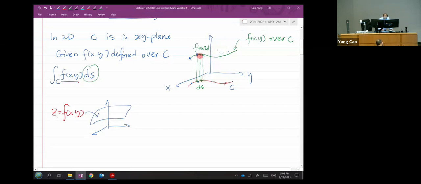At this location you got f of xk, yk, multiplied by, instead of ds, let's call it delta s. So you construct a rectangle, and you multiply the value of this with the little bit of arc length delta s.